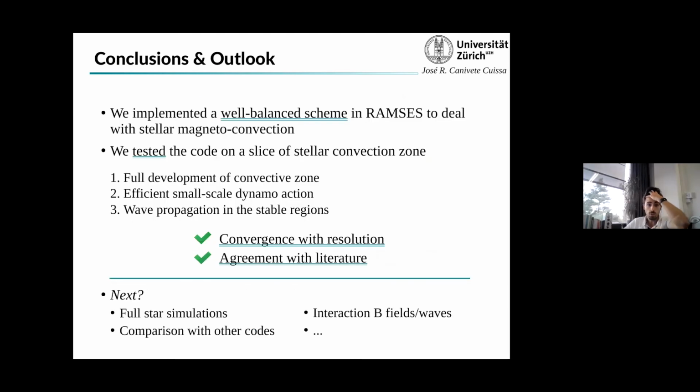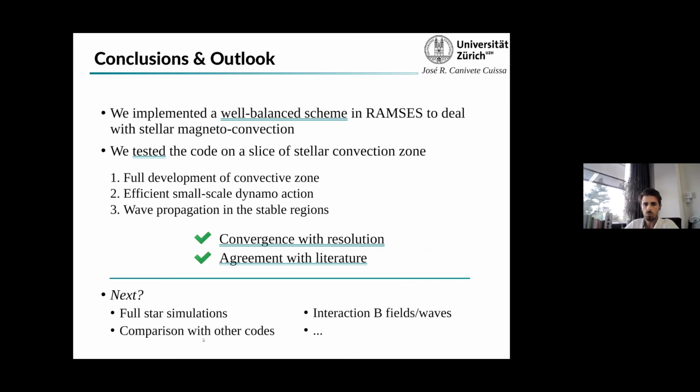So to conclude, we managed to implement a well-balanced scheme in the Ramses code that is able to deal with stellar magnetic convection. And we tested this implementation in a typical convection zone.